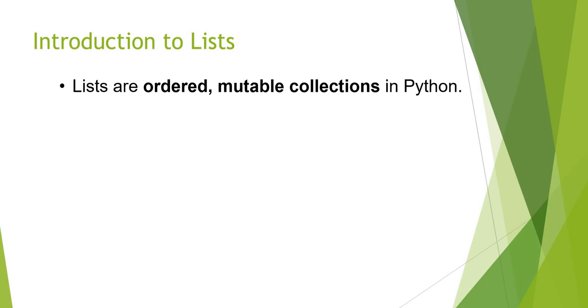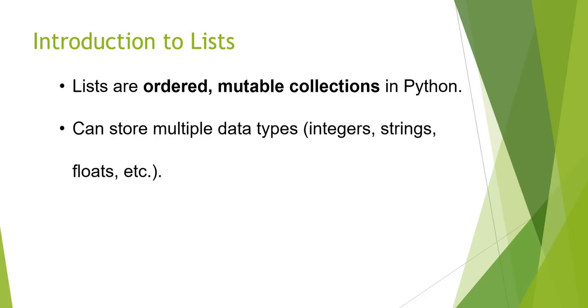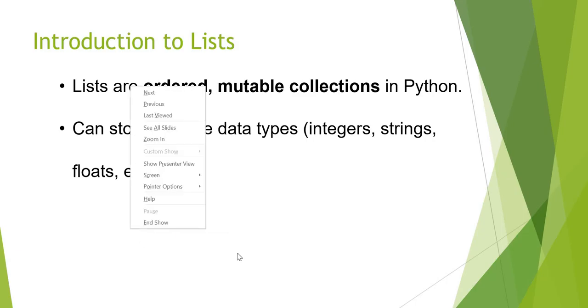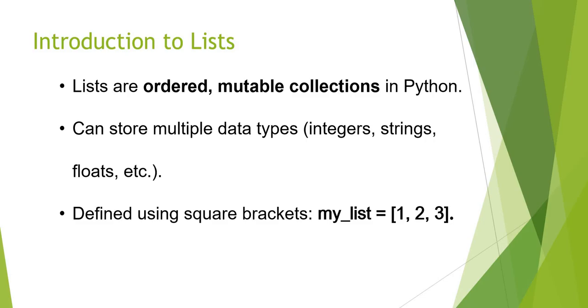Now let us see the introduction of list. Lists are ordered, mutable collections in Python. Lists can store multiple data types such as integers, strings, floats, etc. Lists are defined using square brackets.